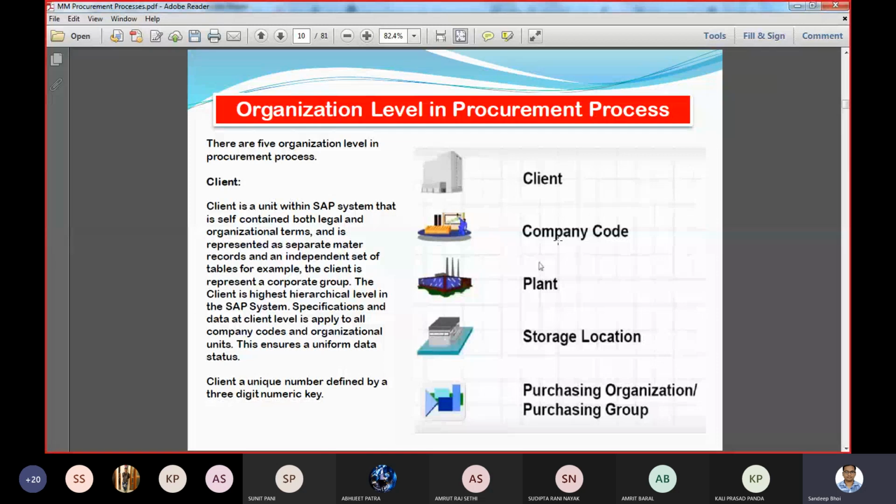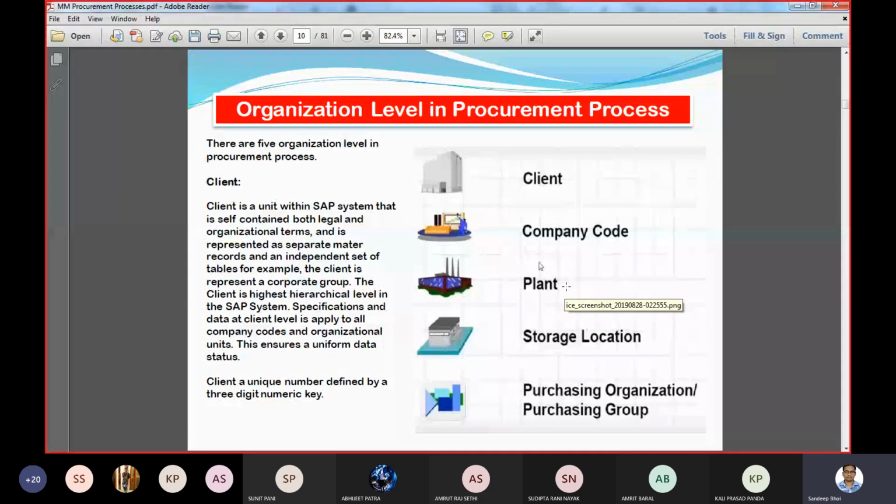So for various companies you can set a purchasing organization who will procure material for them. We can also set a purchasing organization for a particular plant only.